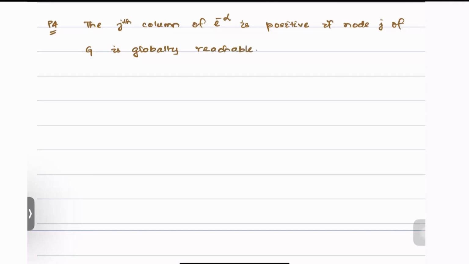This is the fourth property. It says that all we need to do is look at the exponential of the negative of the Laplacian. And then we look at the jth column of this exponential. If this jth column turns out to be positive, then the jth node is actually a globally reachable node.